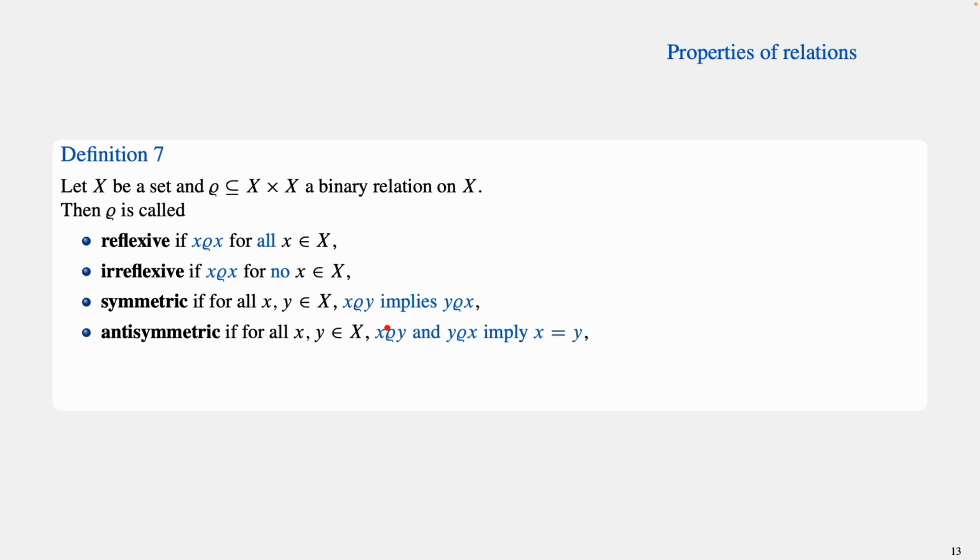So this and this together cannot happen for two distinct elements. It can only happen if X and Y were identical to begin with.